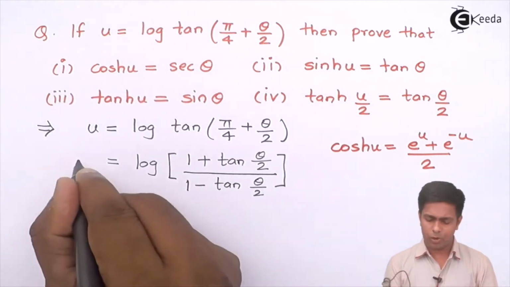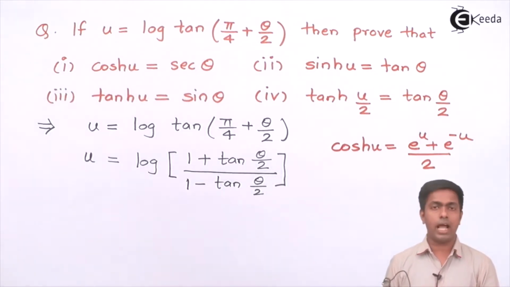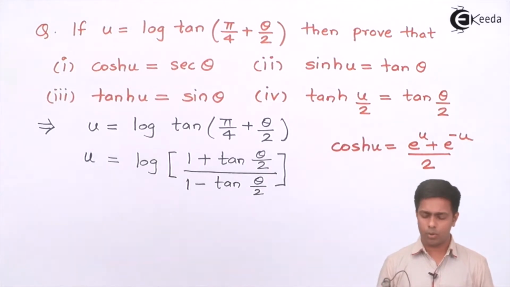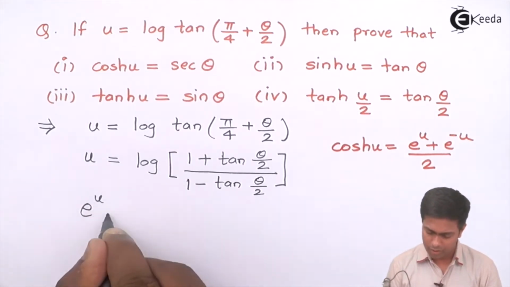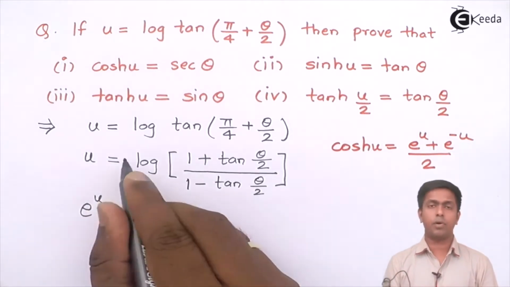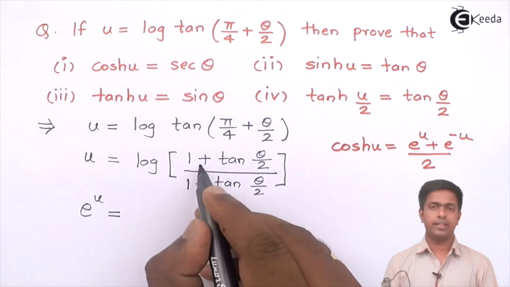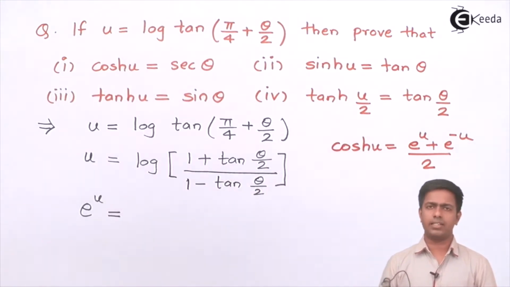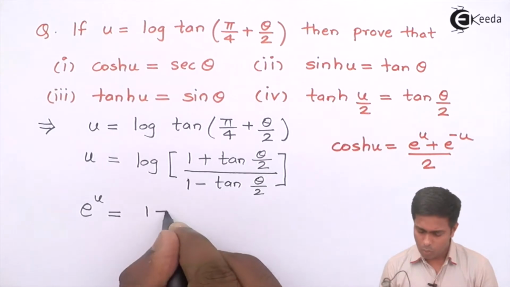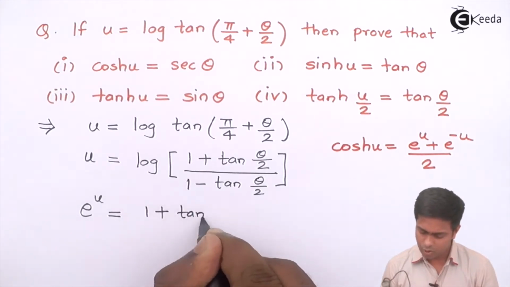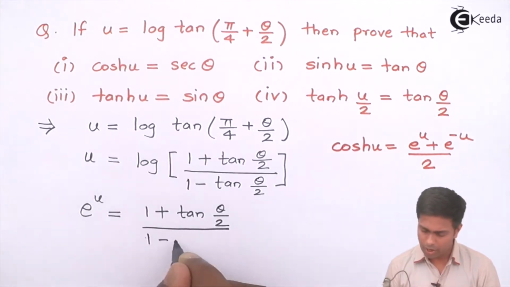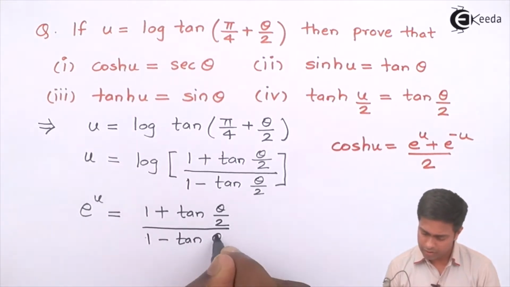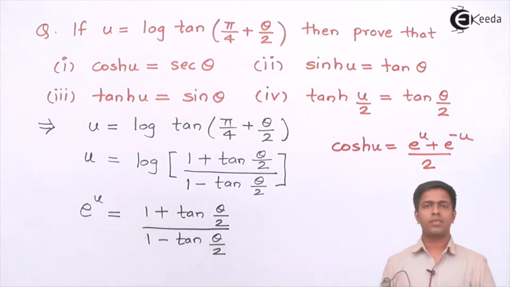And guys, here it is possible, because I got u as log of 1 plus tan theta by 2 upon 1 minus tan theta by 2. Now I'll take base e on both sides. So here we'll get e to the power u, and here we'll get e to the power log of this. Now e and log cancel by the identity, and we will get 1 plus tan of theta by 2 whole upon 1 minus tan of theta by 2.